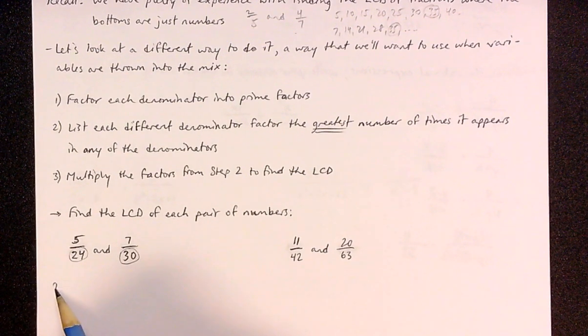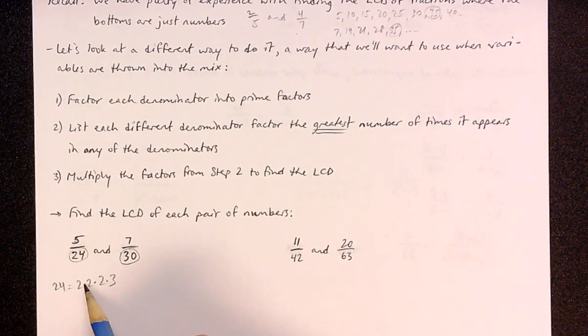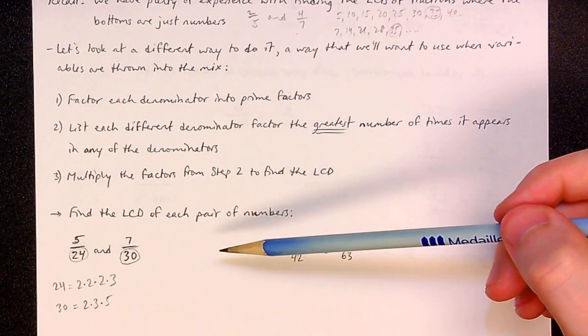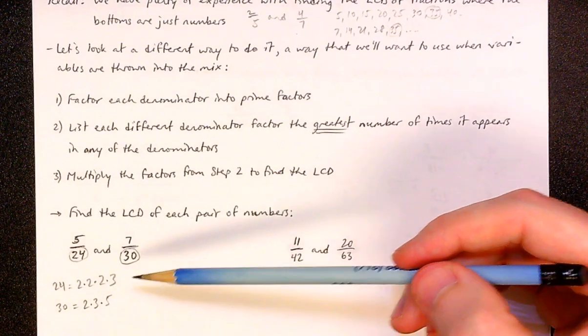So 24, I know, is 2 times 2 times 2 times 3. 24 is 8 times 3, and 8 is 2 times 2 times 2. And 2 and 3 are prime numbers. 30, I can rewrite as 2 times 3 times 5. These are each prime numbers. You can't break those down any further. So this is step one. I've factored each of these denominators into things that can't be broken down any further.